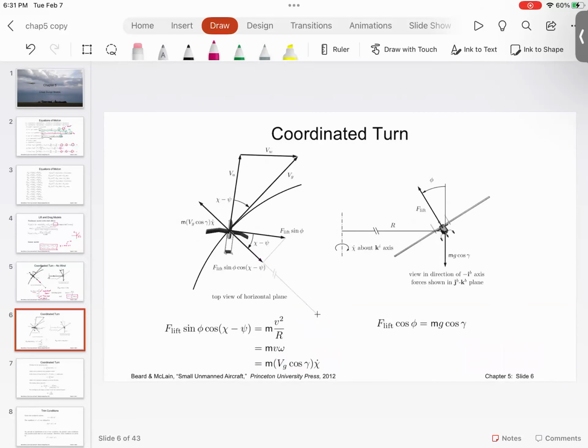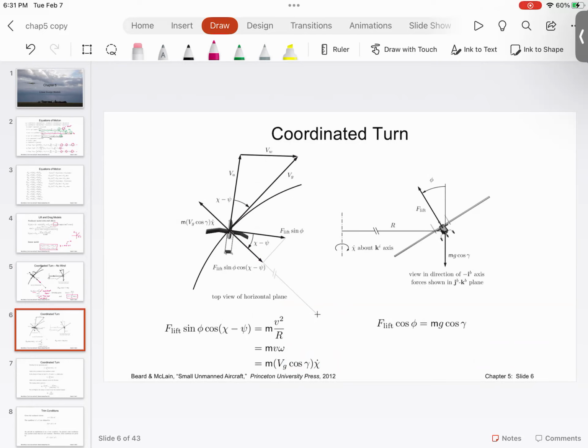However, if there is wind, then this equation becomes a little bit more complex. What I want you to see here is you get this angle chi, and then you subtract your heading angle. So if you have wind, what does wind do? Think about it: the aircraft wants to go in this direction.